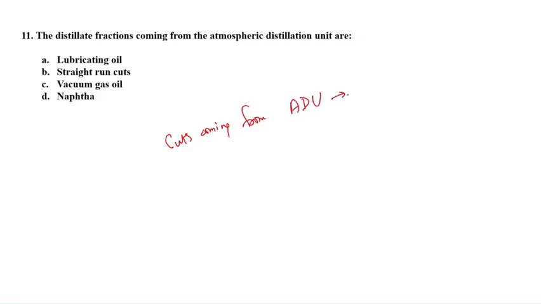They are basically overall called the straight run cuts. So the answer is straight run cuts. These others are from the vacuum distillation unit. Collectively, the different cuts coming from the atmospheric distillation unit are called straight run cuts. Okay.